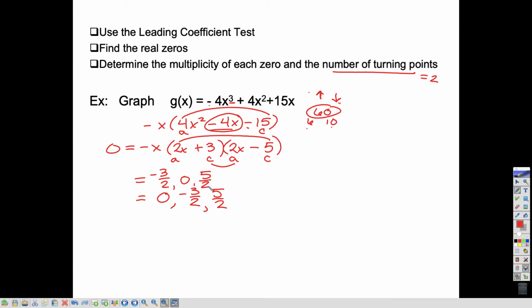Wait, why is it 0? Because you have negative x. Right, but I have negative x, so I would divide both sides by negative 1. So x would be equal to 0. Before I had just negative 1, I didn't have a variable with it.